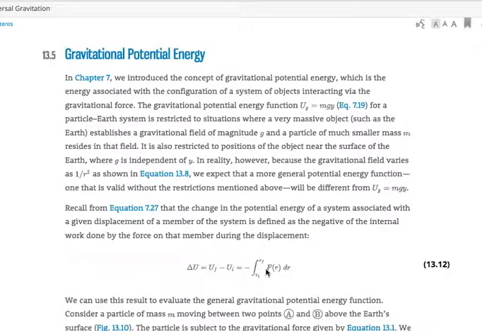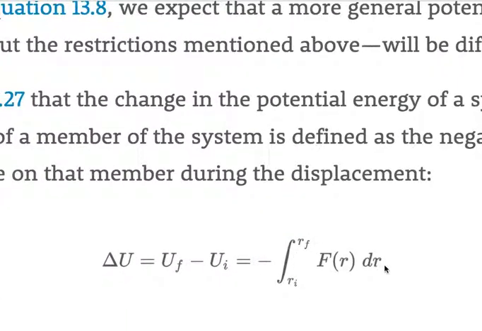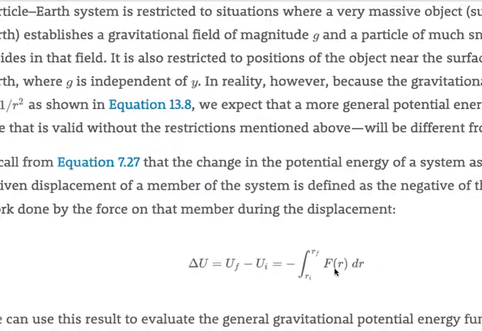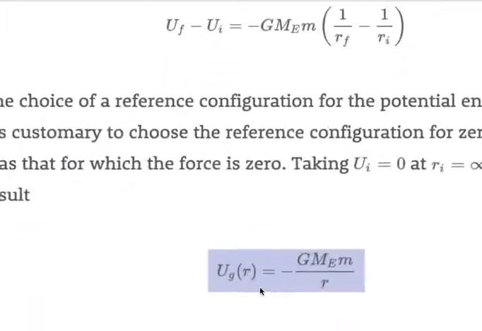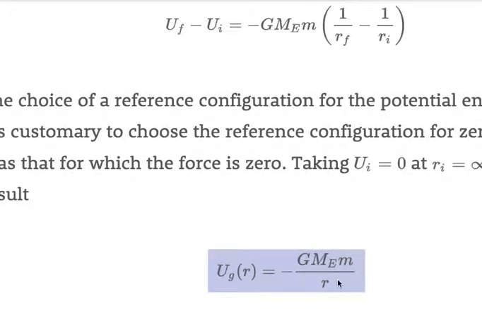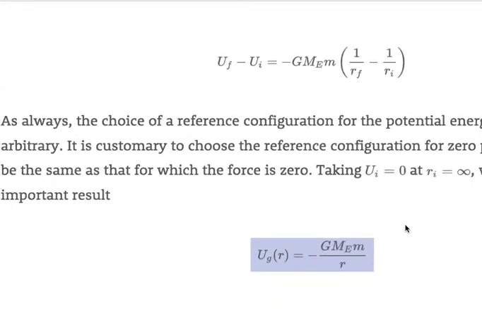And gravitational potential energy, again, is negative integral of F dx. We've seen that any change of potential energy is equal to the negative integral of F dx. We've seen that already, which means it's negative G M m over r, because that other r was the squared part.